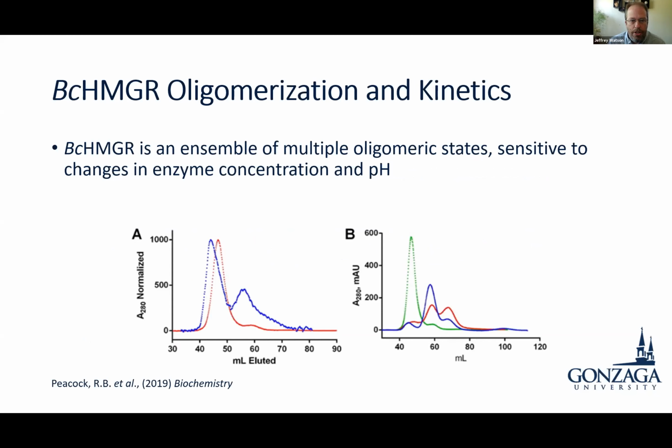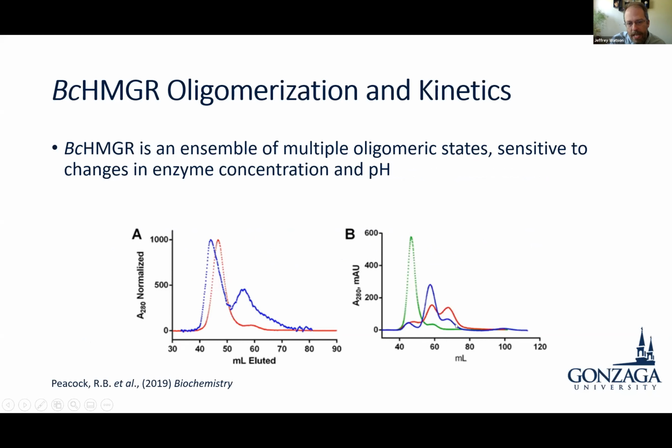So we are able to show that BC-HMGR is an ensemble of multiple oligomeric states, sensitive to changes in enzyme concentration, shown here on the left, and pH, shown here on the right. And we'll talk about the pH graph here first. So at pH 7.5, we have the blue curve shown here. And this is a size exclusion chromatography chromatogram.